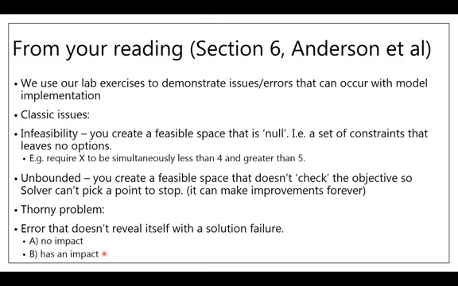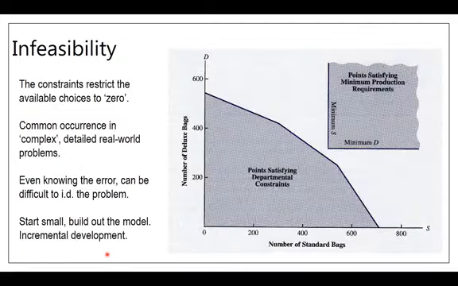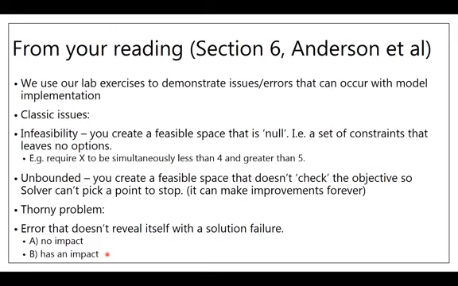The second one, the really thorny one, the one where you can get bit, is it does have an impact. It gives you the wrong optimal solution, and you start doing analysis and thinking about recommendations on a problem that is false. It is not the one you intended to solve. Okay, before we jump into that, I want to look at my spreadsheet and take you through the steps.